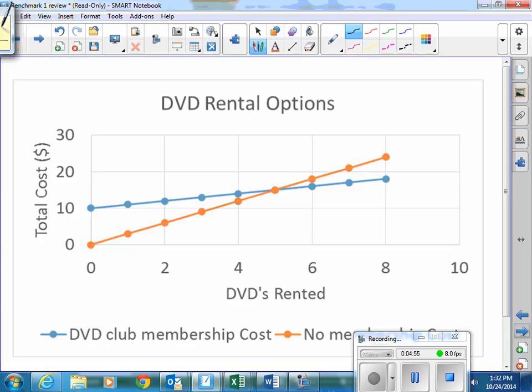Okay, so let's say you have 2 DVD rental options. You can pay $3 a DVD, so the cost of this one is $3 for each one, or you could pay $10, and then after that you would pay $1 for each one, I think it is.